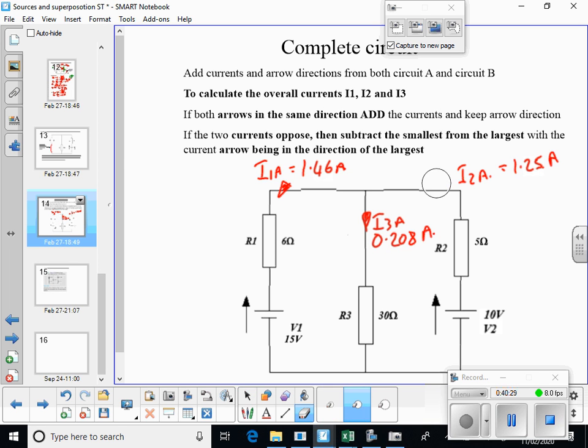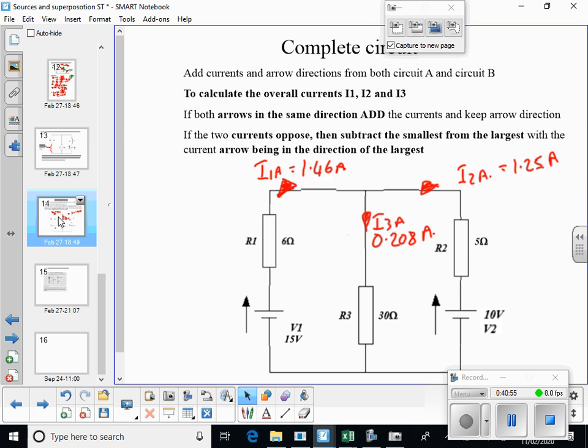You must keep these arrows the same way as they are on your circuit diagram that you've calculated them from. We're happy with that.